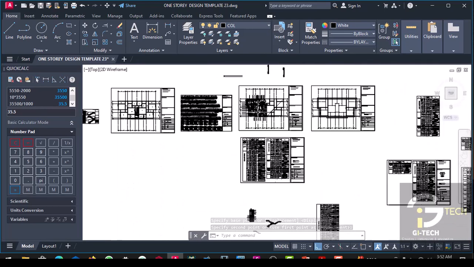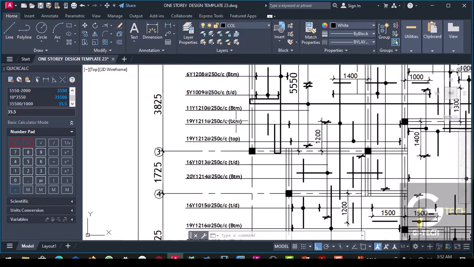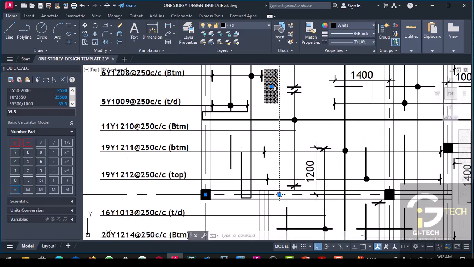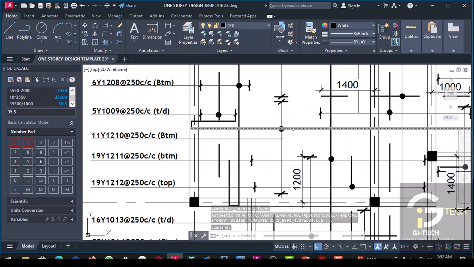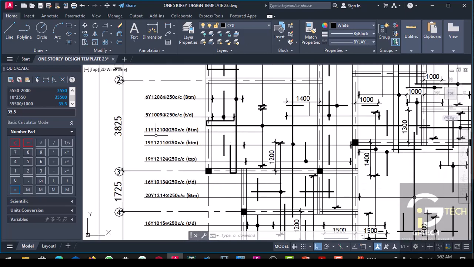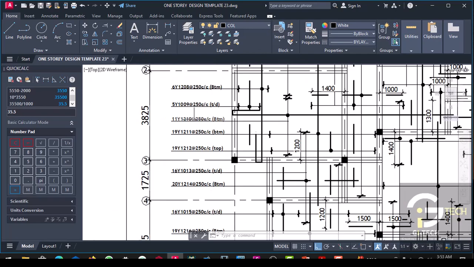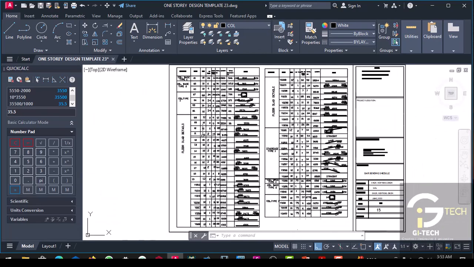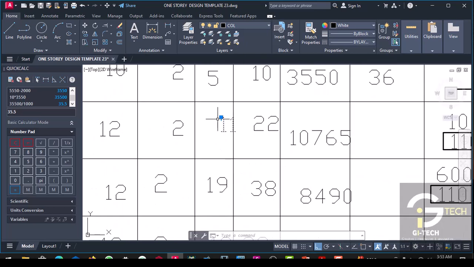So let's move to 10. 10 is this one. The number in each is 11.